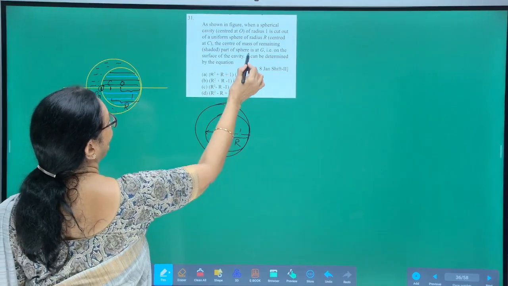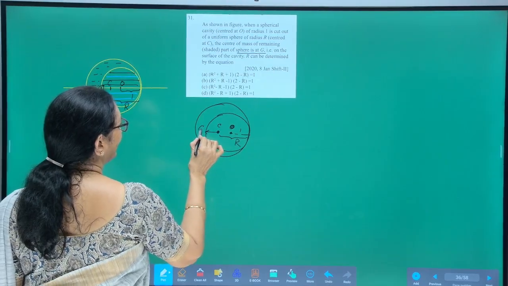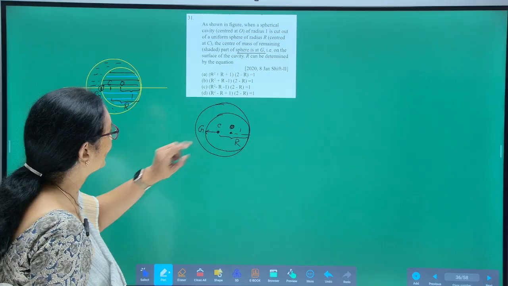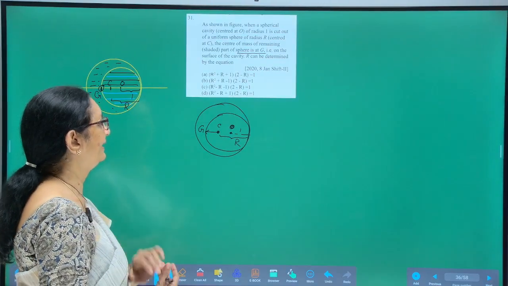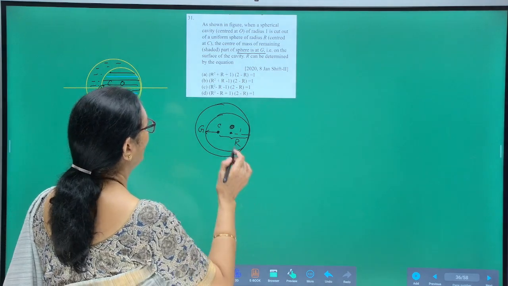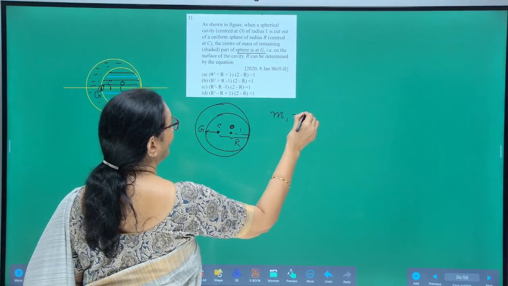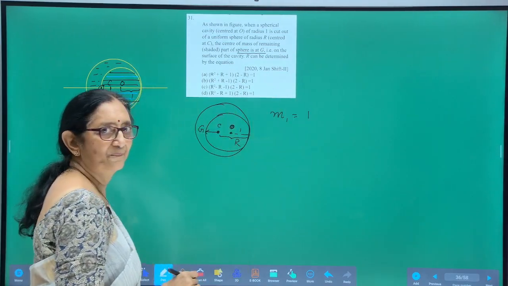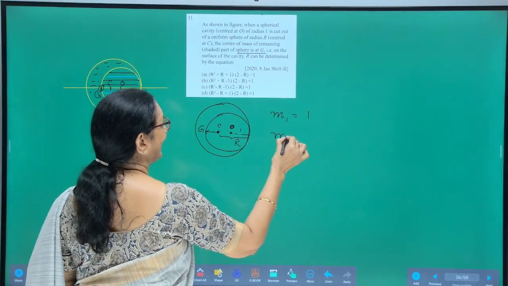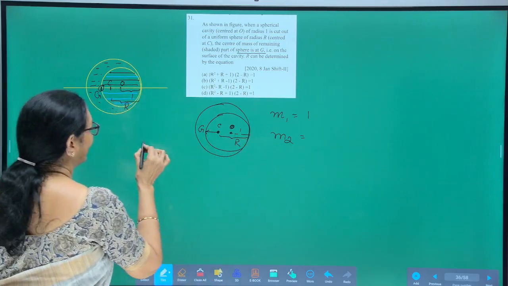It is given that the center of mass of the remaining part, G, lies on the surface of the cavity. Then R can be found from that equation. Here we take the total mass of the sphere as m1.